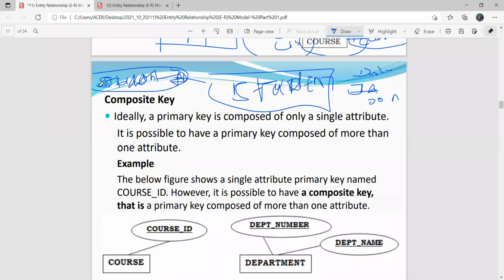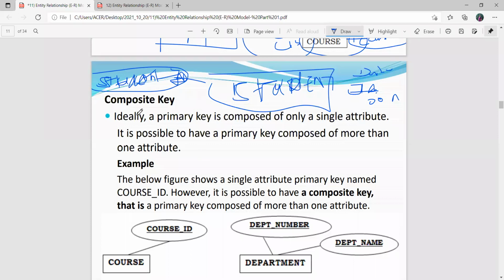When we consider a composite key, recall that in the primary key case the primary key is composed of only a single attribute. It is possible to have a primary key composed of more than one attribute.